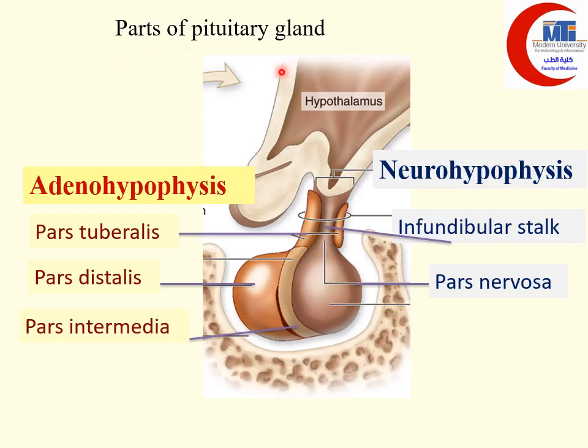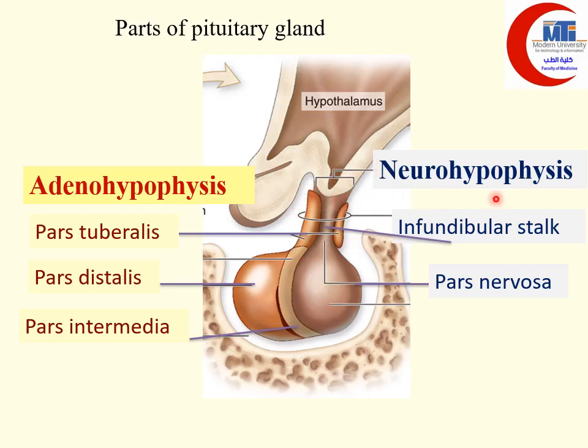Parts of the pituitary gland. The pituitary gland is formed of two parts: the anterior part, which is called the adenohypophysis, and the posterior part, which is called the neurohypophysis. This adenohypophysis, which developed from the roof of the mouth, separated completely from it. But the neurohypophysis, which developed from the floor of the diencephalon, is still connected to it by the infundibular stalk.